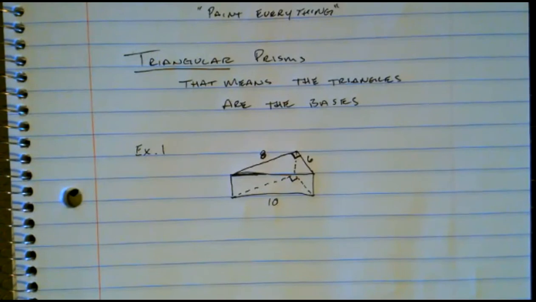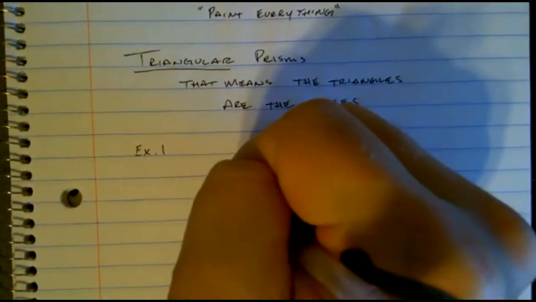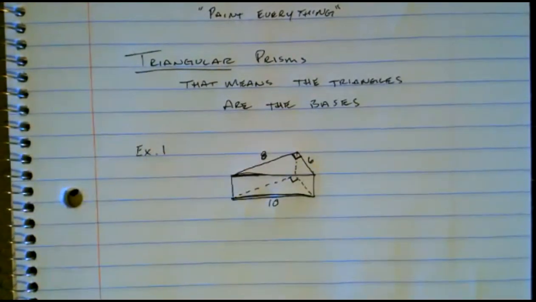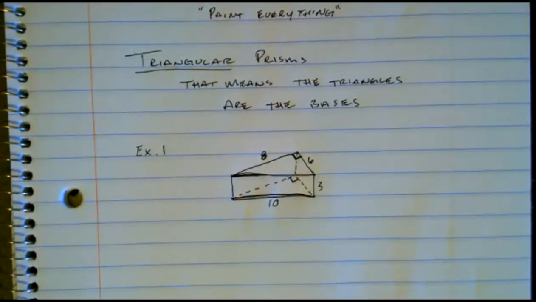All right, and you can see the right triangle, right? Hopefully on the top and the bottom. So again, triangular prism, triangular bases. So we have a triangle on top, a triangle on bottom. Those are our bases. We want to keep track of those. We want to make sure that we know what the edges and everything are. And then we're going to do this one at 3. Okay. So there we have it, right? We have all of our measurements and we can work with it.